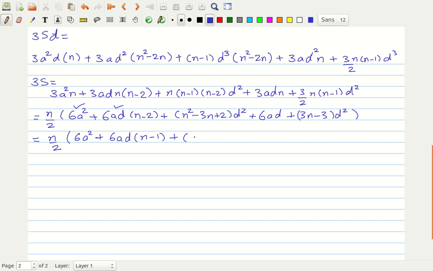So if you take the d square as a common factor out, you will get d square times n square minus 3n plus 2.